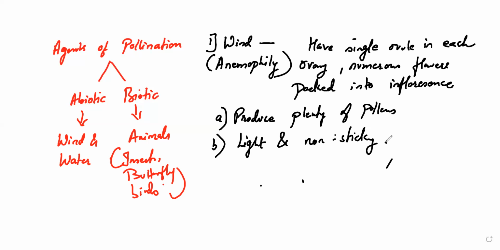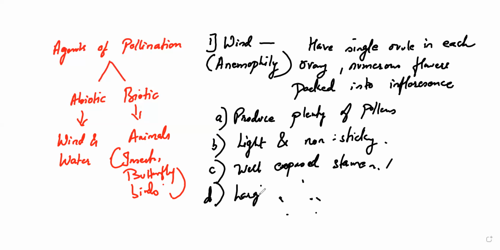Plus, as I told you, pollen grains are present in the male part called the stamens. So it should be easily exposed to the wind. Okay, so you can write it as well exposed stamen, right?